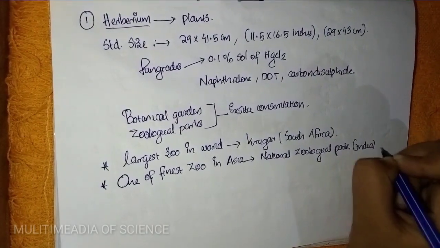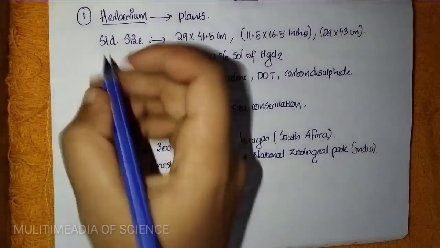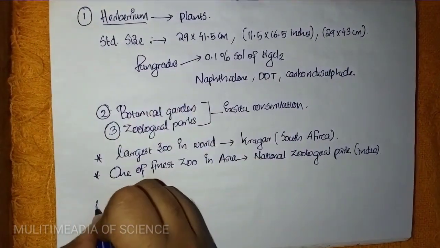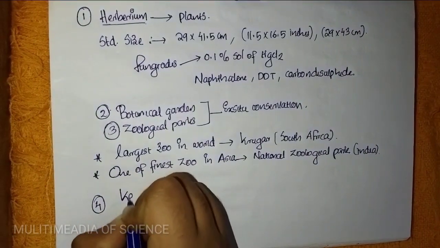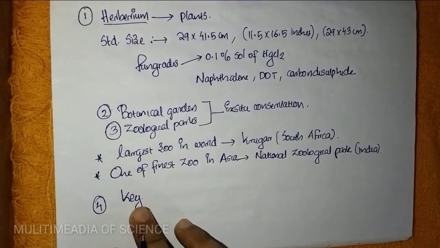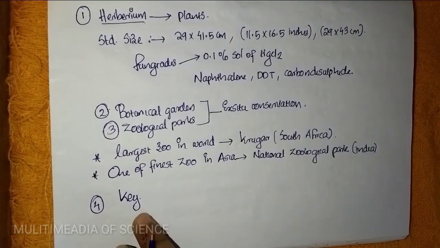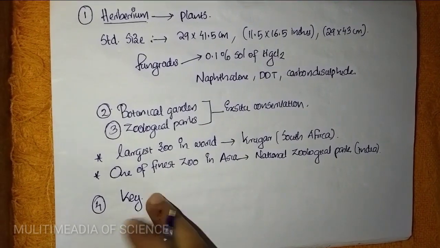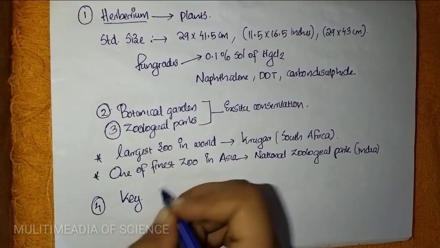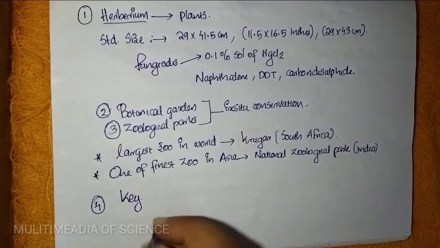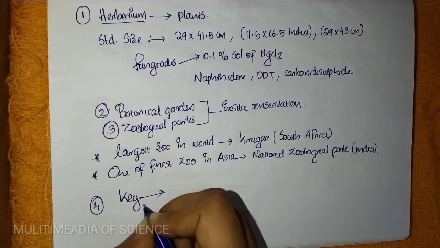Next, taxonomical aid. The first one is herbarium, which is also a taxonomical aid. Then the fourth one is key. Keys are not very important, but you should be prepared for them for NEET, because they are not largely explained in the NCERT, but should be noted.